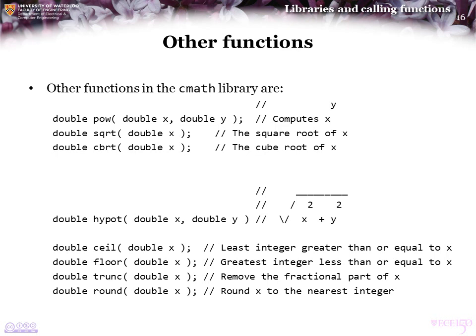Well, it actually doesn't return an integer, it returns a floating point number that represents the integer in question. Similarly, round takes the argument x and returns the integer that is closest to the argument x. Finally, of course, there's the absolute value function that simply returns the absolute value of the argument.